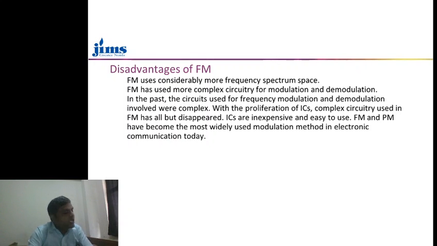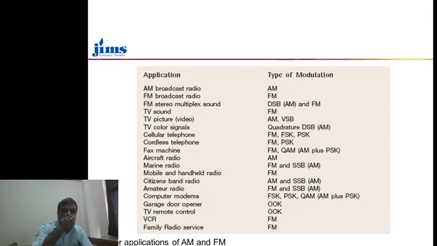ICs are not expensive, so the circuit cost is reduced, and FM has excellent noise immunity. So FM is nowadays more popular in comparison to AM. See here the applications: AM broadcasting is used, then FM broadcast, FM is used.